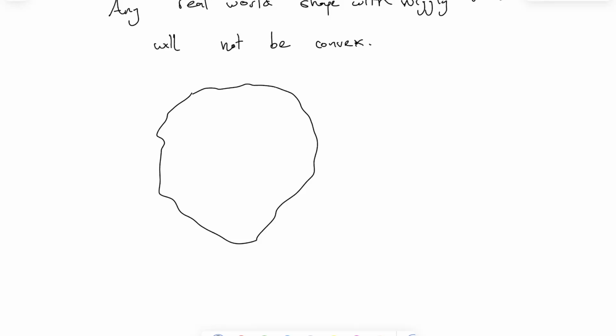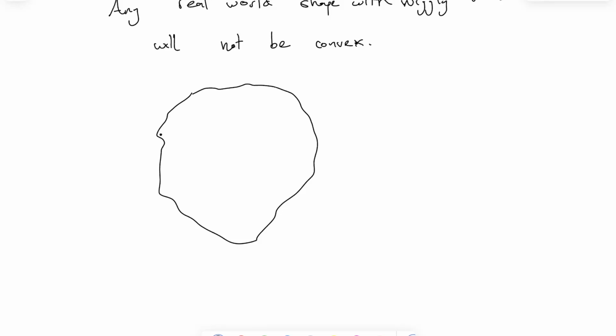I would say this looks mostly convex, but actually because of the tiny wiggles along the edge, it's not convex, because those wiggles do produce little bits of innie type curves. I can see one right here, for example. There is a slight little inward curve there, which means this shape is not convex.